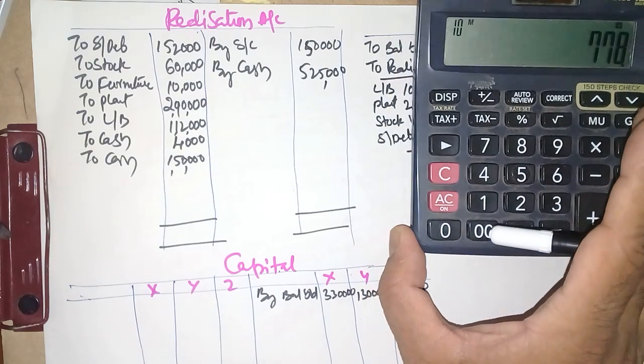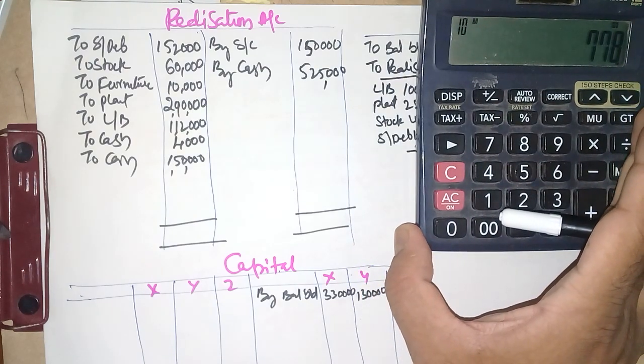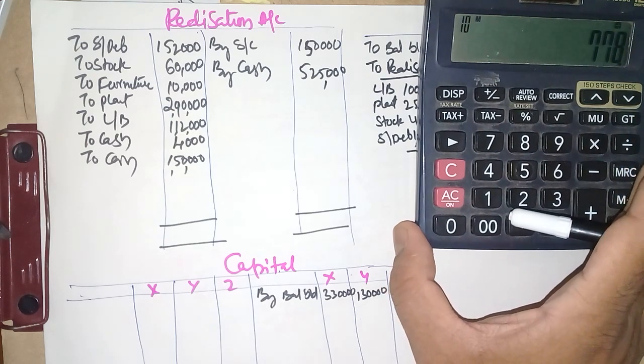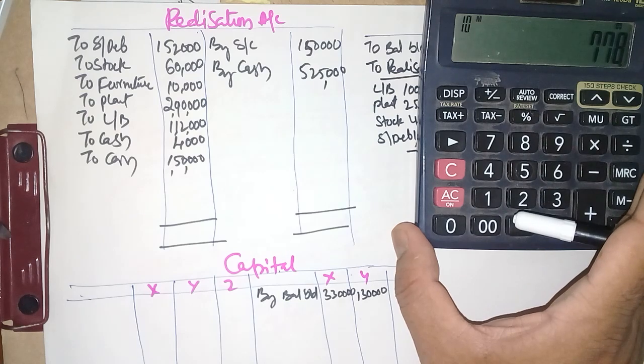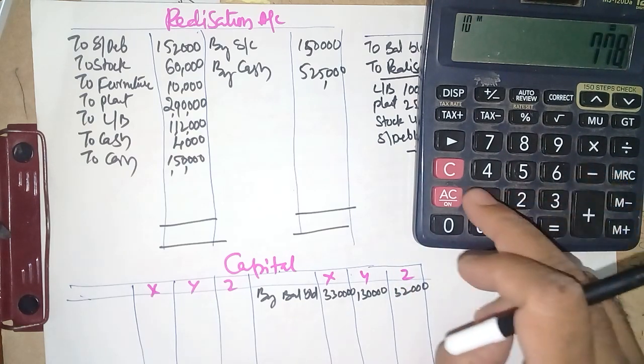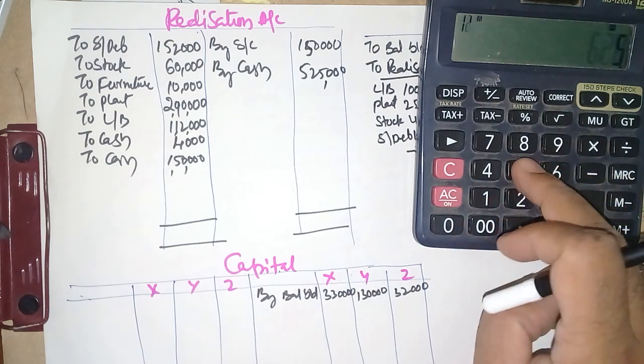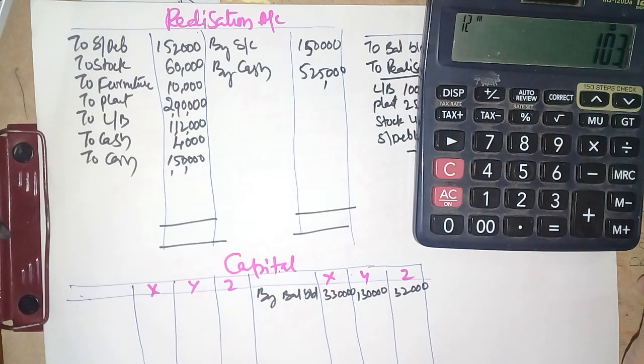So debit summation comes to 7,78,000. Then our credit summation is 150 minus 525.